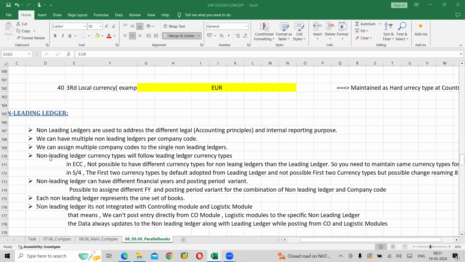Non-leading ledger currency types will follow leading ledger currency types. Clear? Non-leading ledger currency types automatically take from your leading ledgers. Remember this. Just an important point: non-leading ledger currency types will follow leading ledger currency types. Already we have discussed in our practice, right?